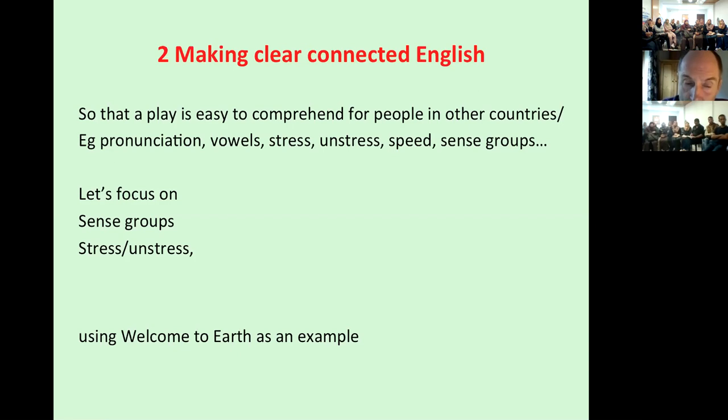Okay, so the stress is on just a syllable. If we look here, let's take this word, comprehend. It has three syllables, but only one of them has the stress. Which syllable will you stress here? Comprehend, the last one.